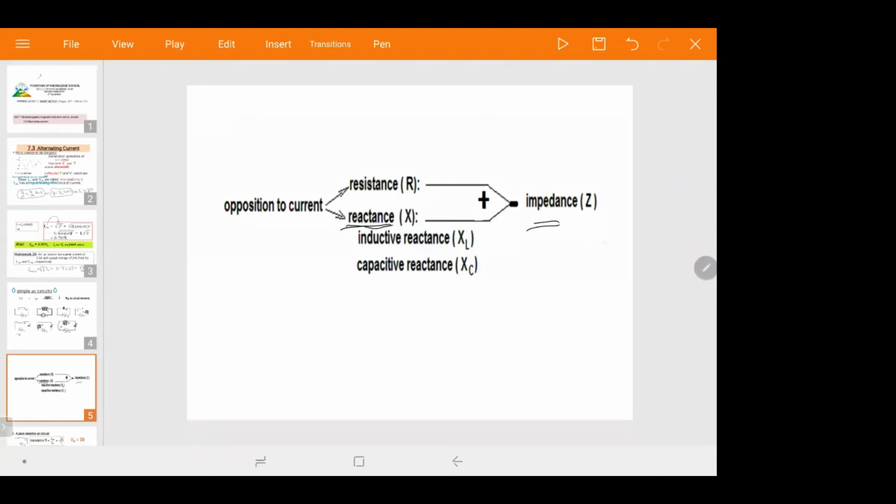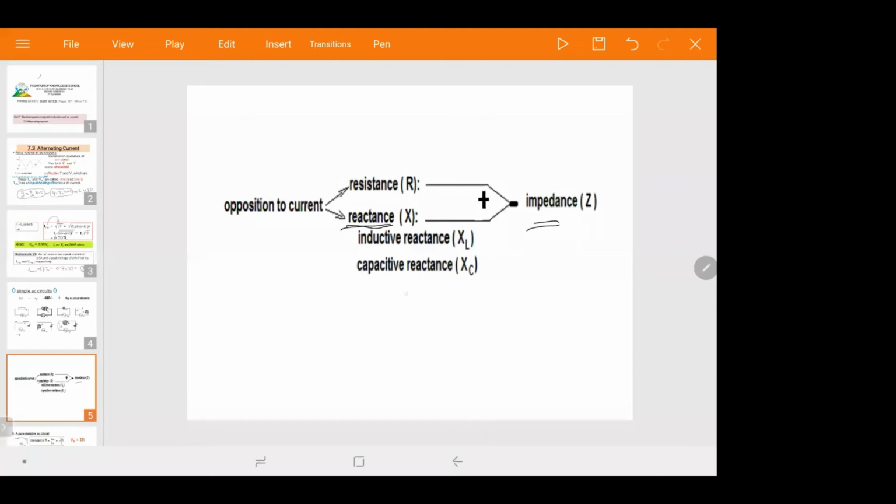Impedance is voltage over current, resistance is voltage over current, reactance too is voltage over current. That's all. But I'm sure you're going to ask yourself, if I say, for example, resistance is voltage over current, since in AC we have a sinusoidal current and a sinusoidal voltage, at some moment the voltage becomes zero and the current becomes zero.